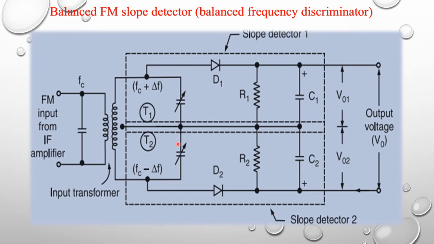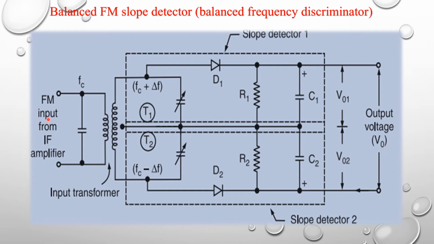This is slope detector 2, and this is its tuning circuit. The tuning circuit output is connected to an envelope detector, which consists of diode D2, resistor R2 and capacitor C2. Across the capacitor we receive the slope detector 2 output. V01 is the slope detector 1 output and V02 is the slope detector 2 output, and the actual output voltage is V0.